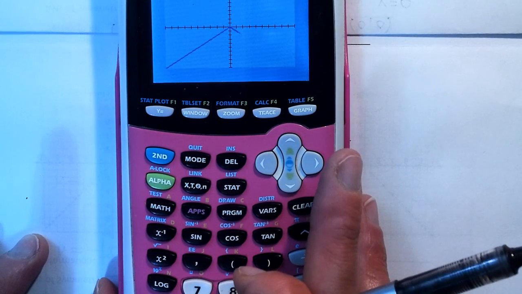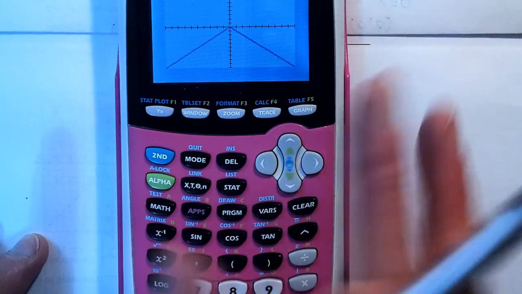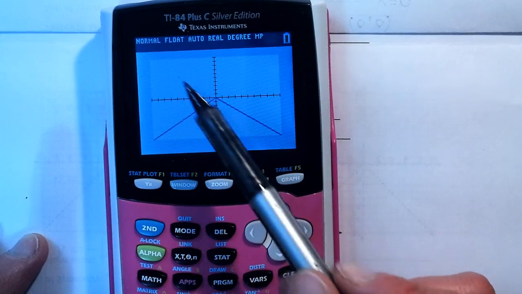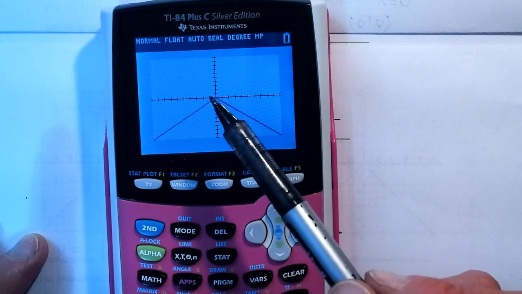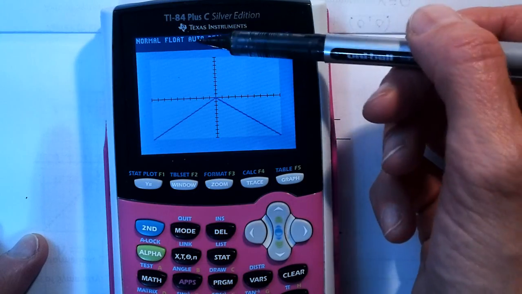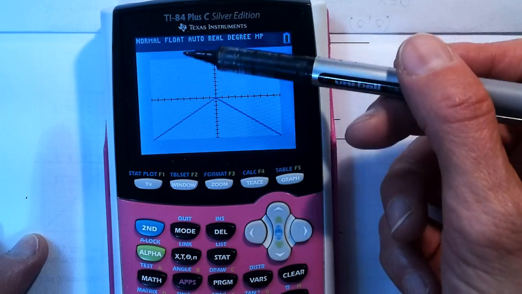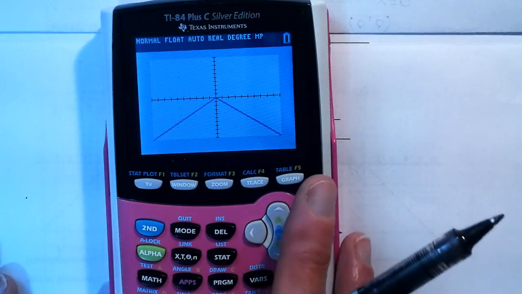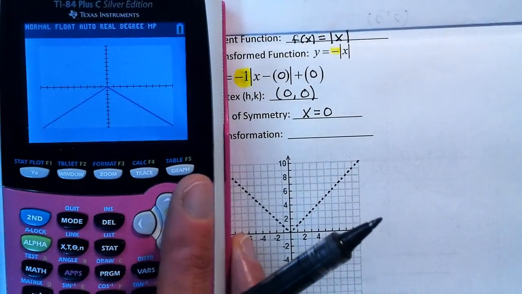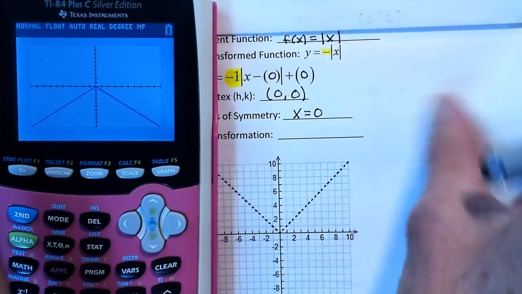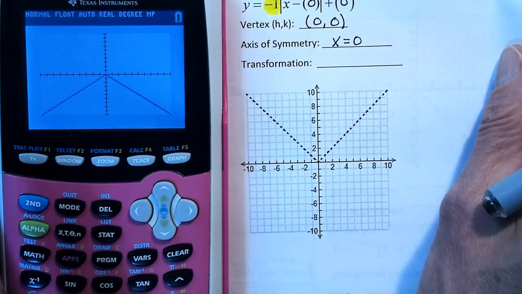Oh my, it flipped. It actually went from being on top in a positive direction, and it did a reflection. Okay, it's like looking in the lake. It did a reflection of the image, and we can see that here. So I'm just going to write that down.